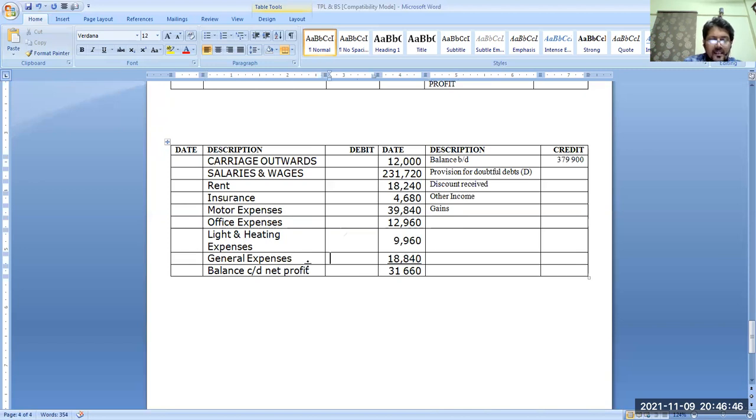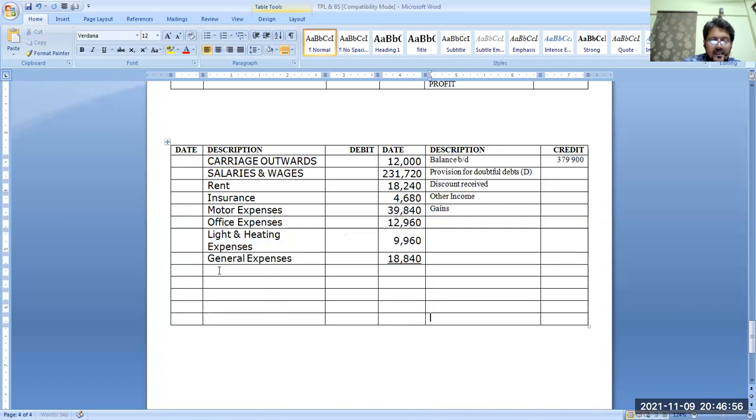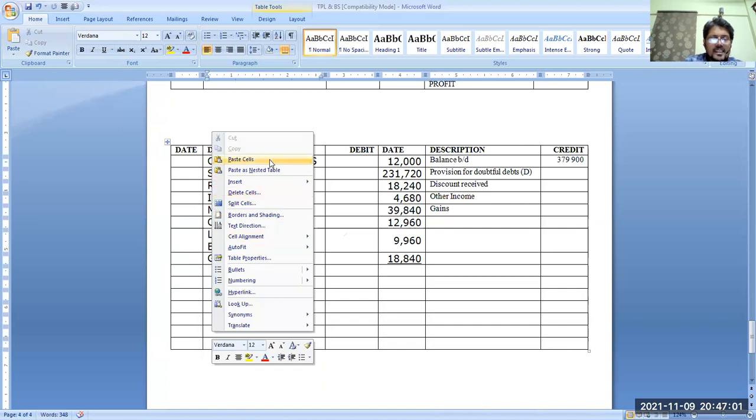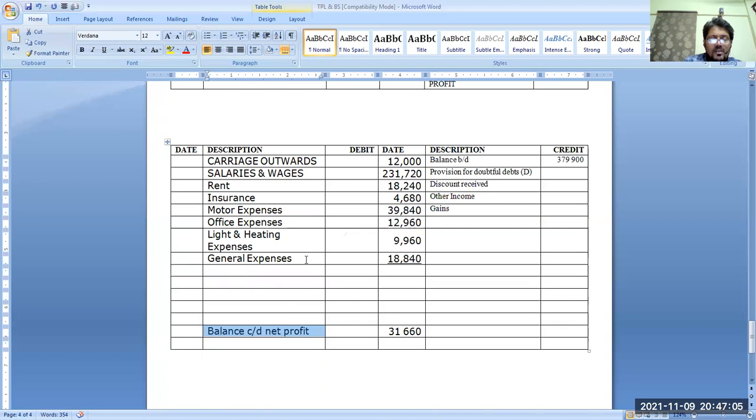Before net profit, what else could also be added here?